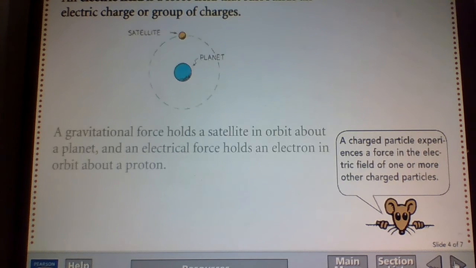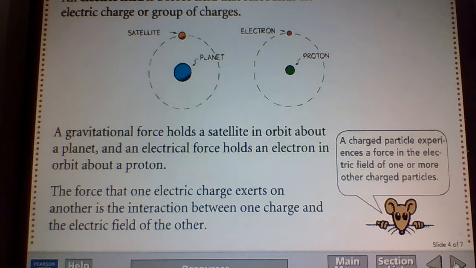So an electric field is a force field that surrounds an electric charge or group of charges. It doesn't have to be just one electron or proton; it could be a whole clump of them. When we think about gravity, a satellite is held to a planet by its gravitational force.